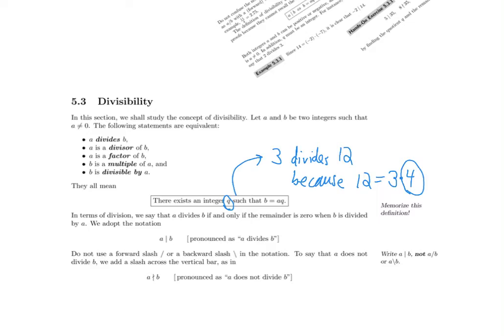The most commonly used of these items in the list up here are these 4. So those are the ones you should definitely know the most. And remember that they all relate to this definition. Pay very close attention to where b is in each of these statements and where a is in each of these statements.